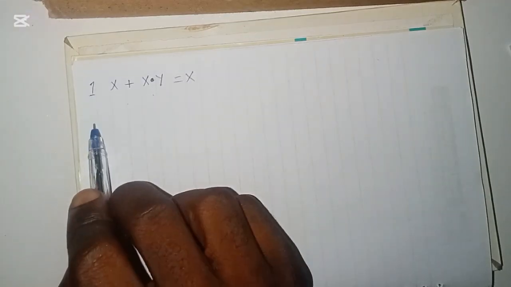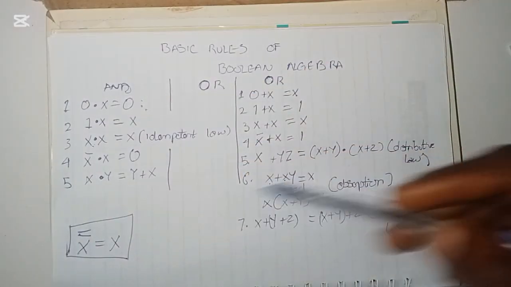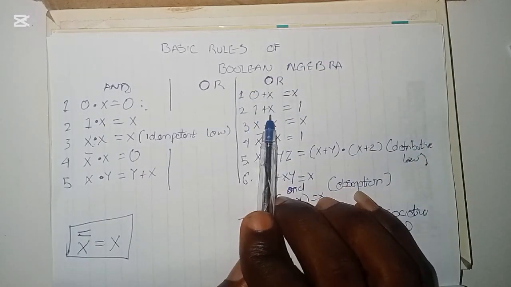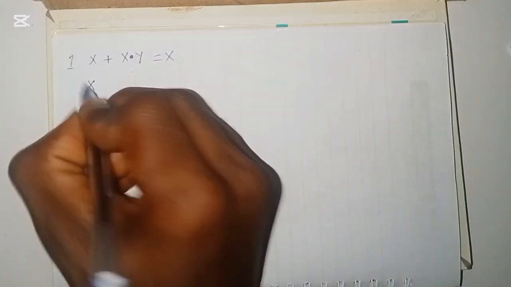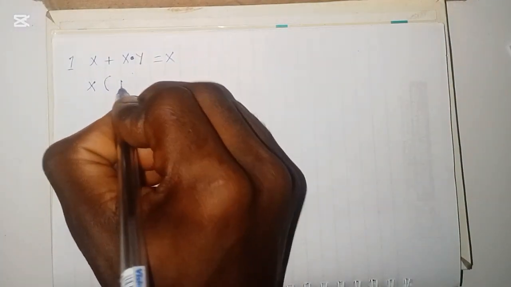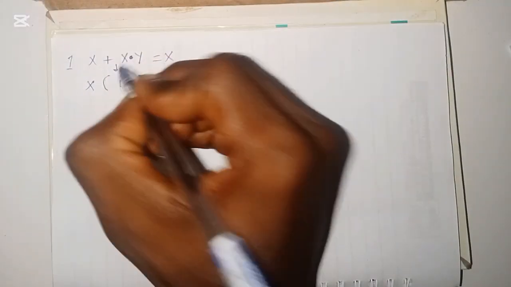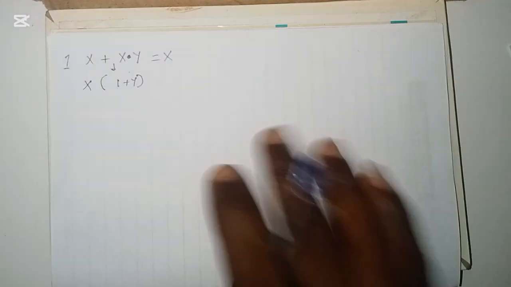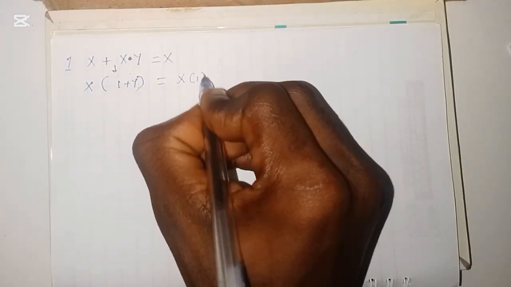From the basic rules, you consider 1 plus x is equal to 1. So if we factorize x out of it, it becomes x into 1 plus y, right? And we know that 1 plus x is equal to 1. So 1 plus y is equal to 1. That will be x into 1.